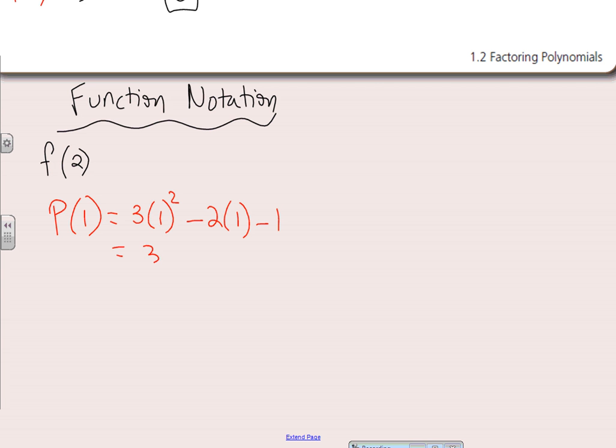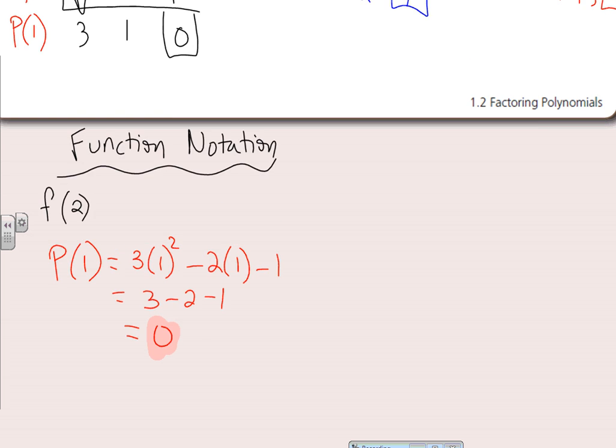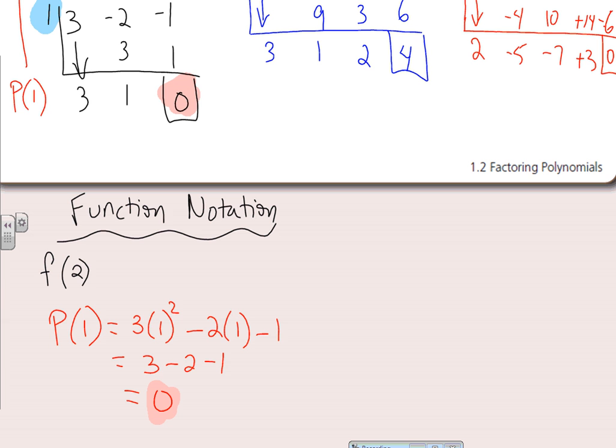Gives me 3 minus 2 minus 1, which gives me 0. Ooh, interesting. I get the value of 0, which happened to be the remainder when I did that. Huh. Coincidence? I think not.